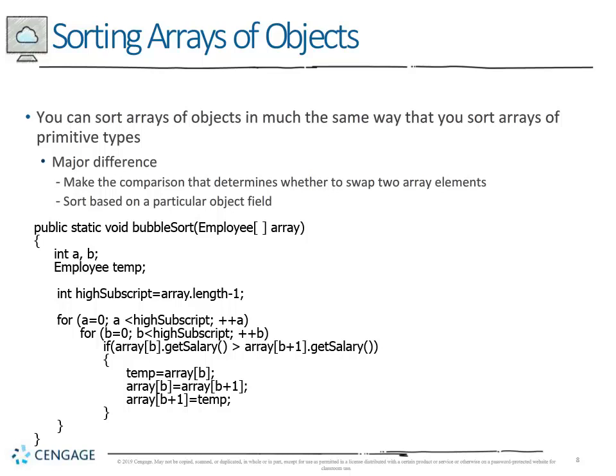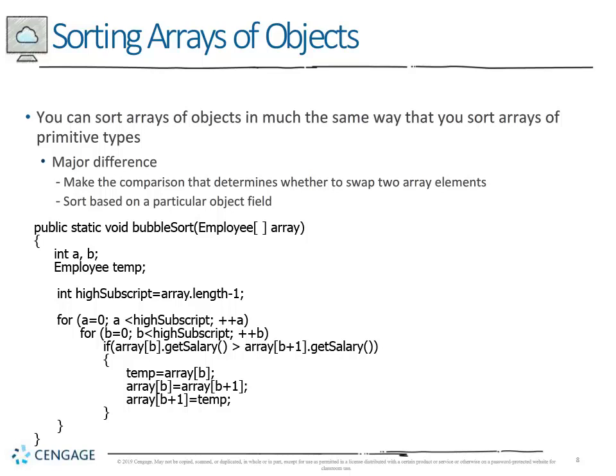In this bubble sort function, we are sorting an array of objects of the Employee class. So the bubble sort method header shows it receives an array of type Employee. The temp variable we declare here is an Employee temp. It will hold an Employee object.